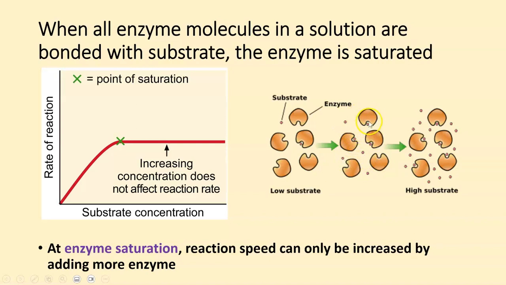Those original ones will probably be changed to the products pretty soon, and then the available substrates will bind to the enzymes. So that will probably still increase the rate of the reaction. But in the third and final scenario, there are way too many substrates and not enough enzymes, so it doesn't do any good to continue adding more substrate after that point of saturation. In fact, if you wanted to increase the rate of the reaction, what you would have to do is add more enzyme.